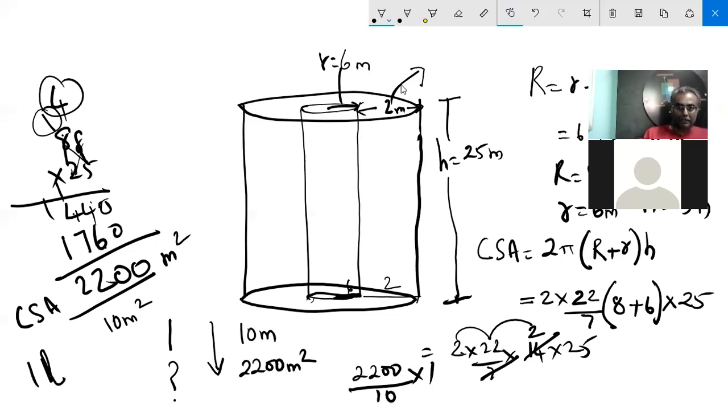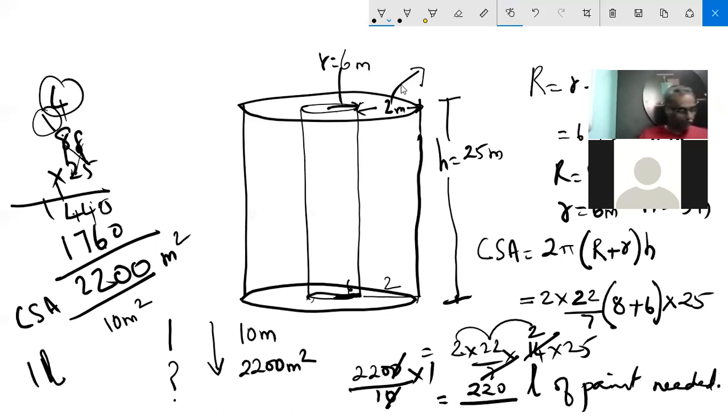We can cancel the 0. 220 into 1 is 220. So you will need 220 liters of paint. That is the whole thing. Now copy the sum and we'll finish. You can copy it, but if you write it down only, you will understand. Otherwise, big problem.